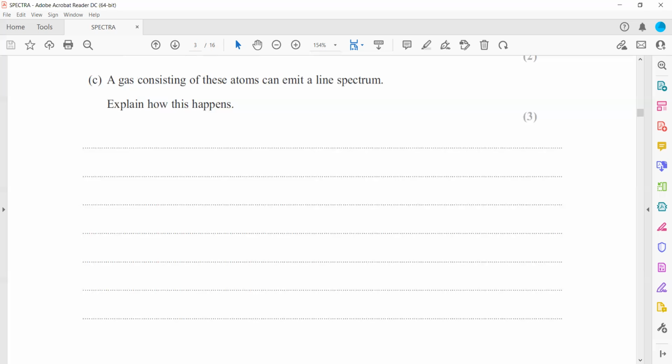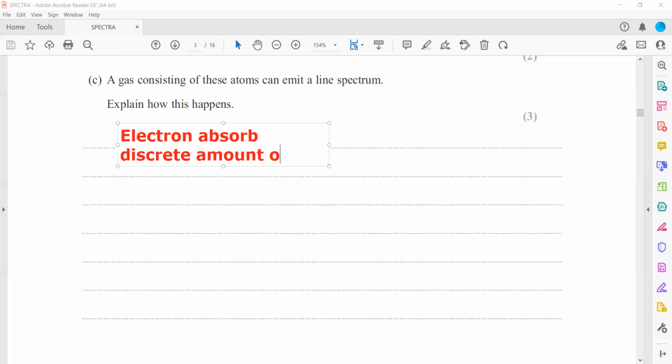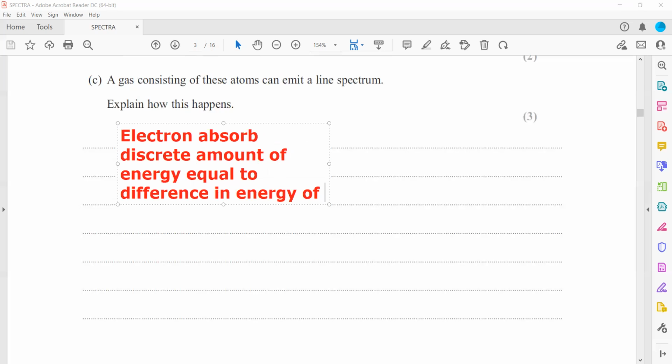So when you write: electron absorbs a discrete or fixed amount of energy equal to the difference in the energy of two energy levels.